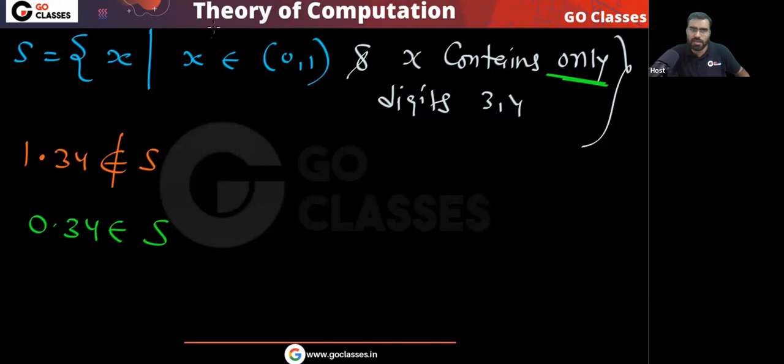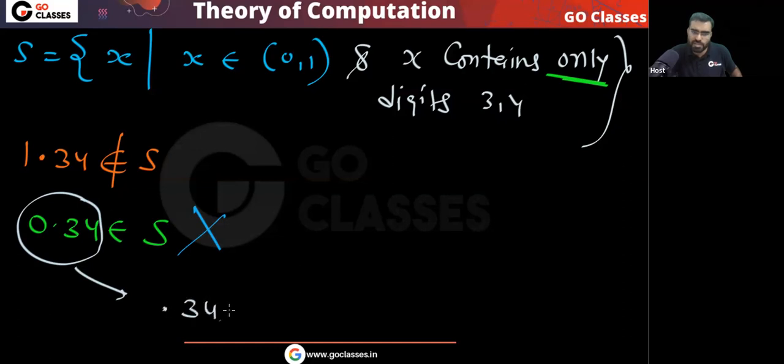Again, this does not belong to S, because it contains 0 also. It is 0.340000 and so on. So 0.34 also does not belong to S.